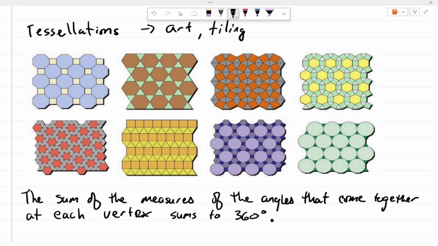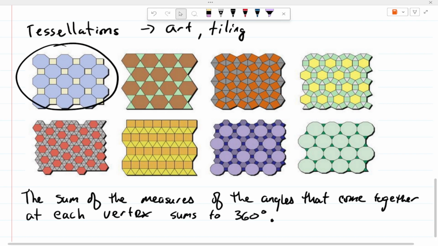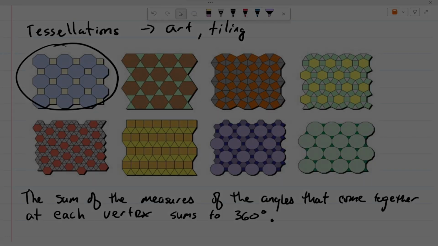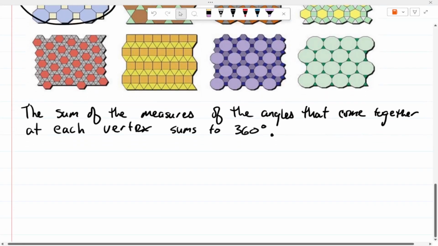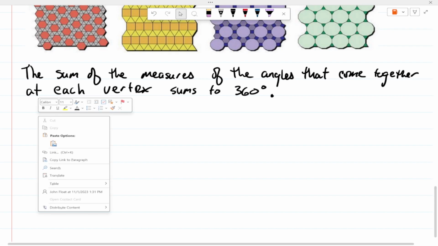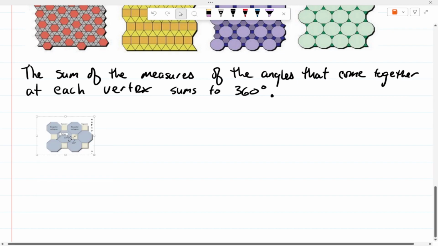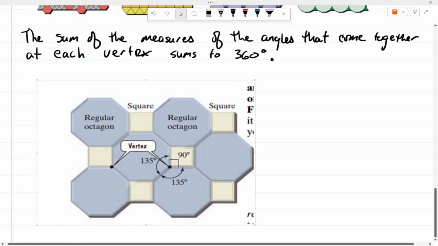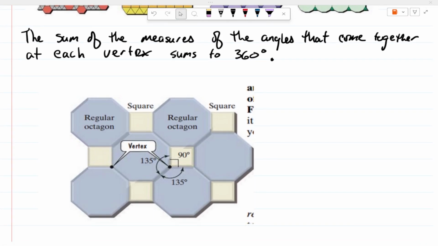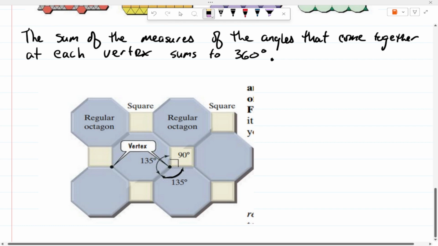Now, if we look at this very first example here, all right, I'm going to go ahead and just copy another picture out of your book. And let me kind of copy and paste this for us real fast. Here's exactly what that definition above is saying. It's saying if you take this angle, oops, let me get a red marker out.